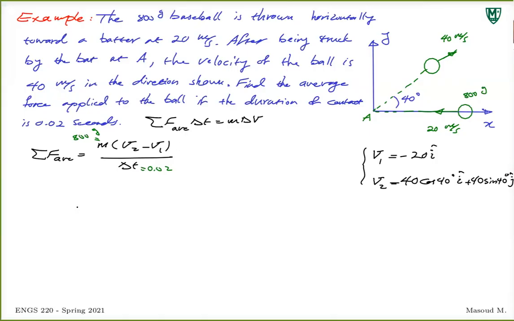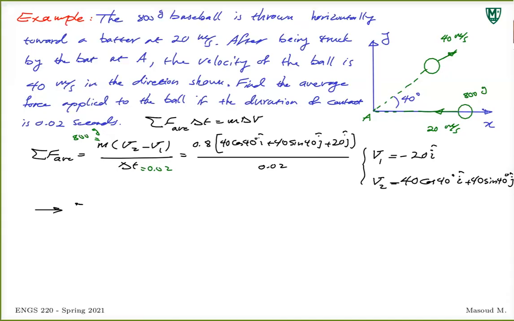You can replace these values. You get 0.8 times 40 cosine 40 degrees I plus 40 sine 40 degrees J plus 20J, divided by 0.02. So that gives you the average force. It's division, so divide each component and sum up these two.